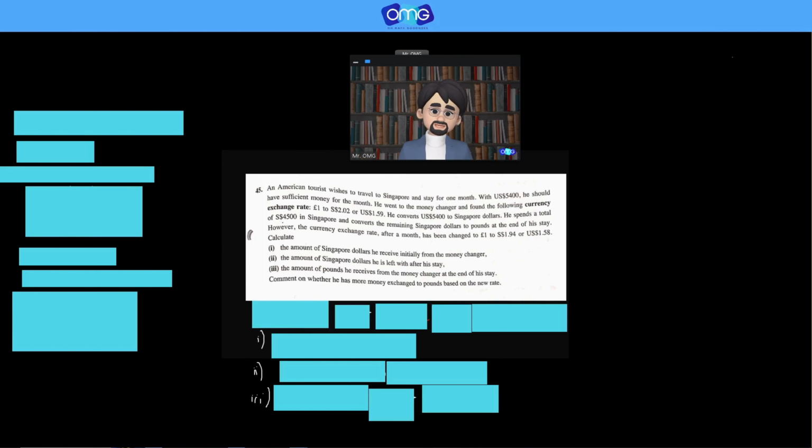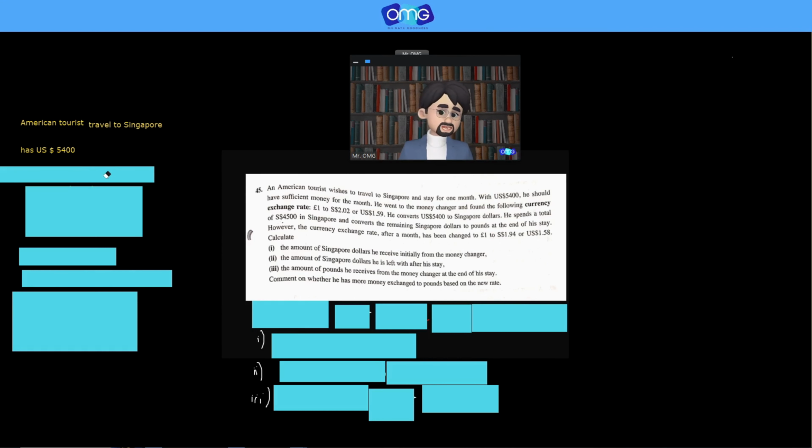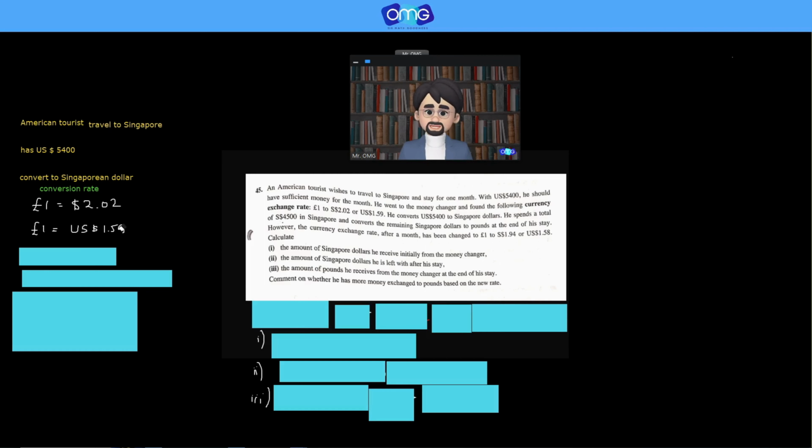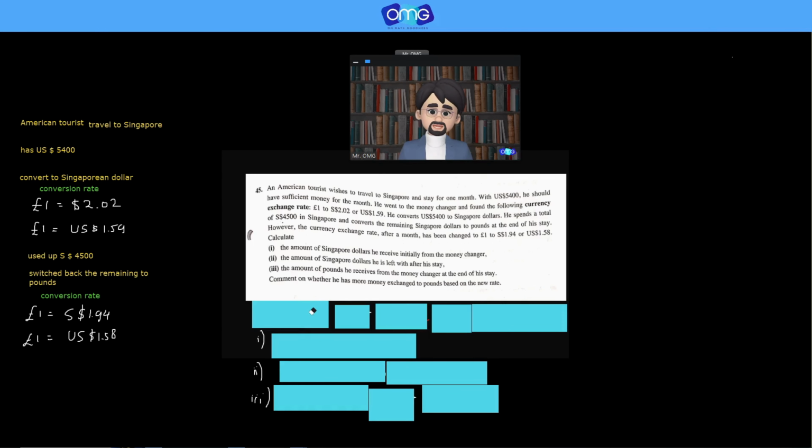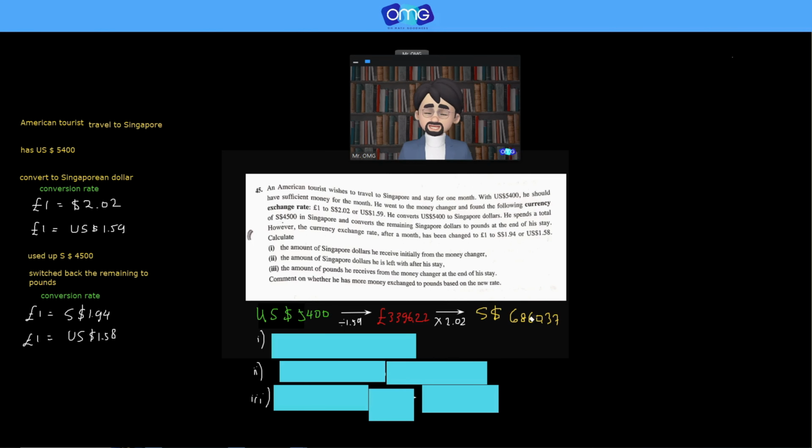In this story, an American tourist travels to Singapore. He has 5,400 US dollars, and then he wants to convert to Singaporean dollars, with the conversion rate like this. And then after that, he uses up some Singaporean dollars, and then he converts back to pound sterling at the end. So at first he has this much, 5,400 divided by 1.59, which converts to pound sterling first, and then we times 2.02 to make it Sing dollars.